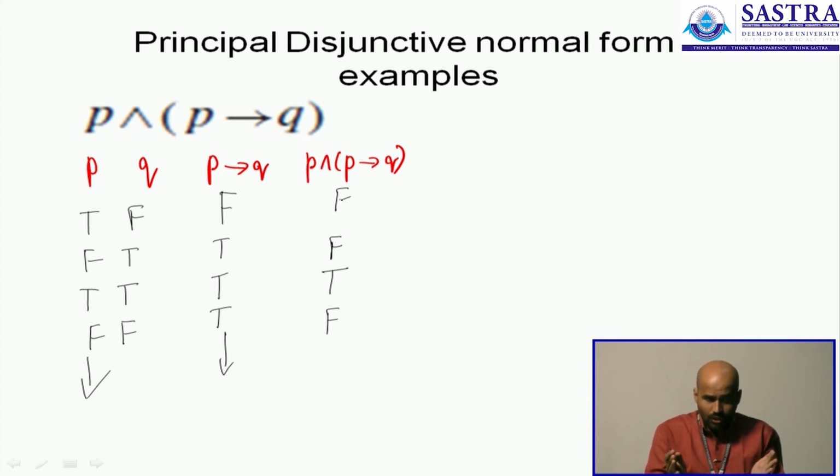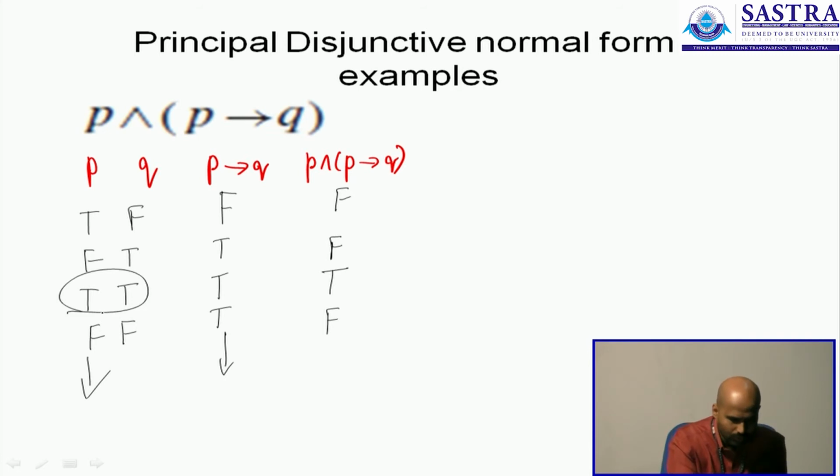Now that you have constructed the truth table, your task is cut out. You can find out what it is equivalent to, or what the PDNF is. And how do we do this? We check the output and highlight those rows which give us a true value. The true value is obtained in exactly one row, which is the third one. So the corresponding input sequence is converted to a product of the variables.